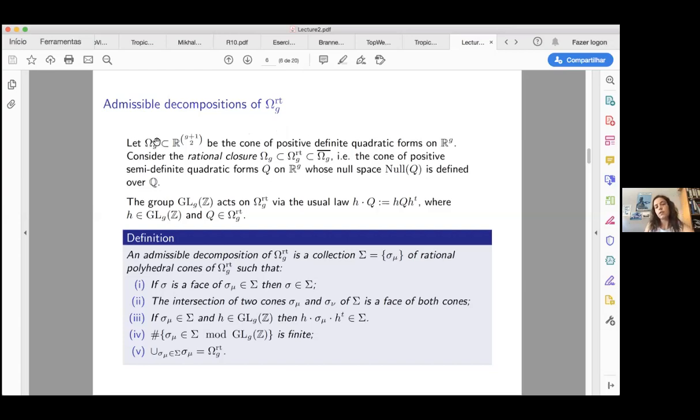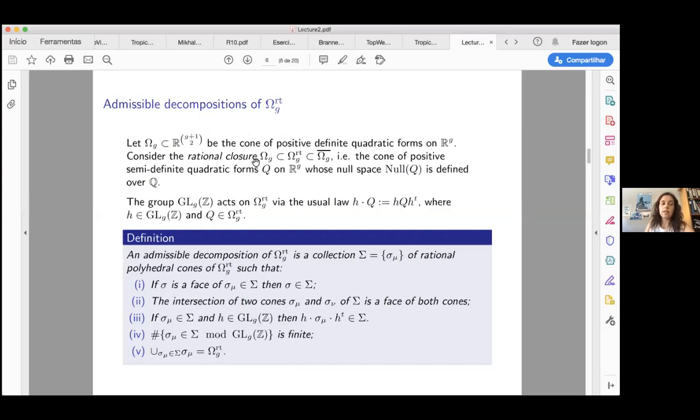The main character for us for the rest of the talk is going to be Omega_g. This is the cone of positive definite quadratic forms on R^g. We are going to see a quadratic form as a symmetric matrix, so we're going to see the cone inside R to the g plus 1 choose 2.